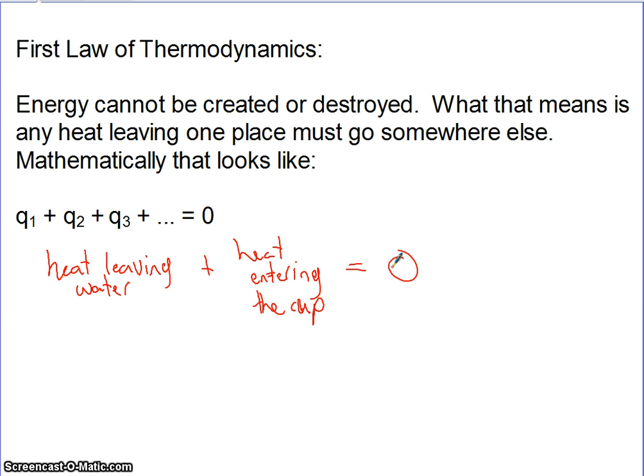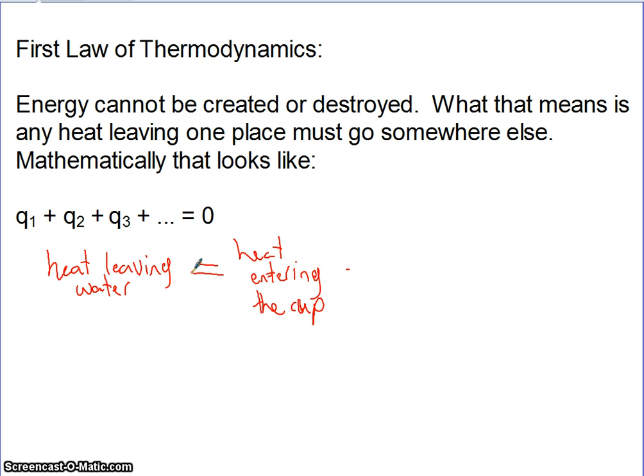Now this is kind of a weird way of saying this. I think a lot of times most of us would want to look at it like this, where the heat leaving one place is equal to the heat entering. And you can do that when you only have two things exchanging heat, but a lot of times we have more than two things exchanging heat.